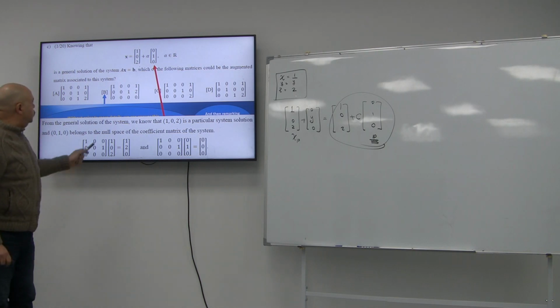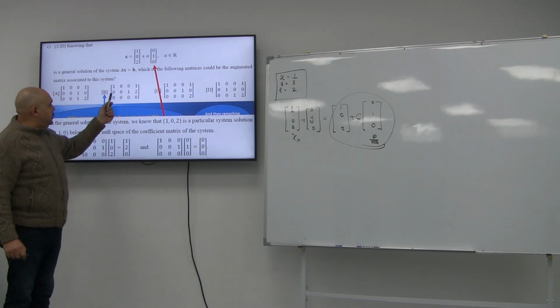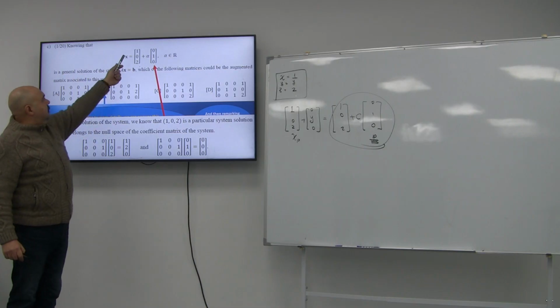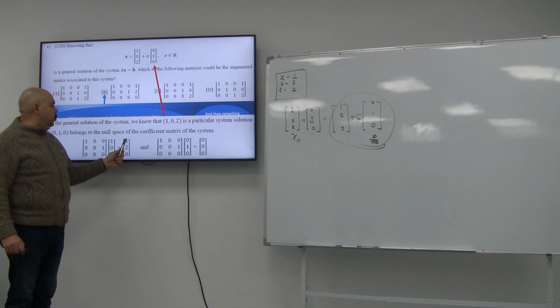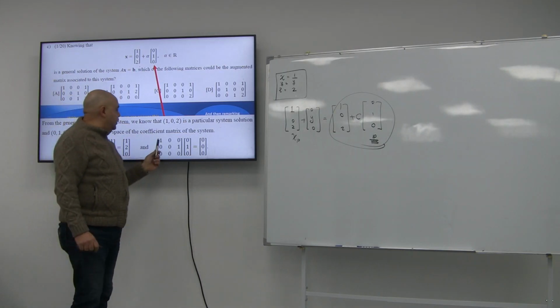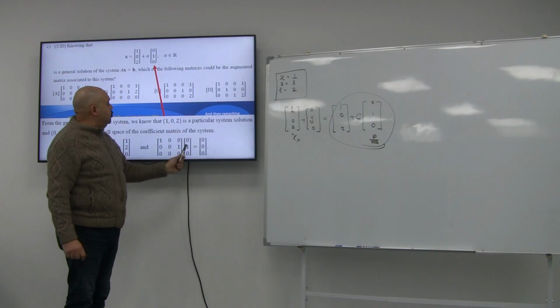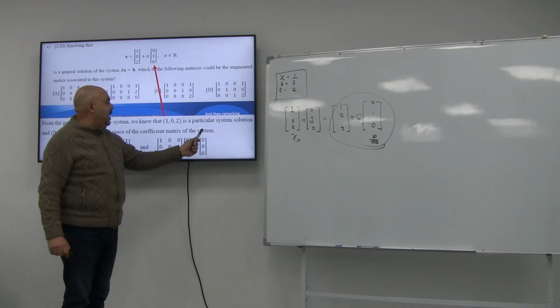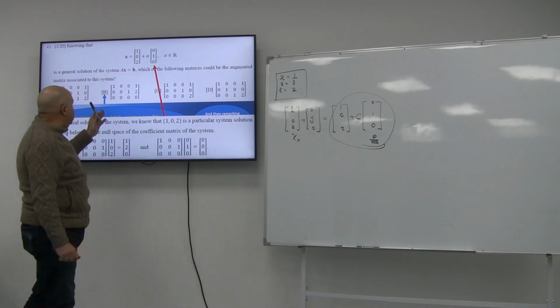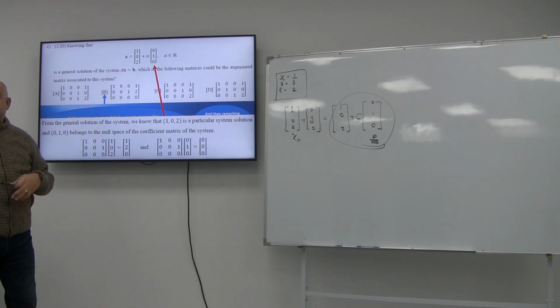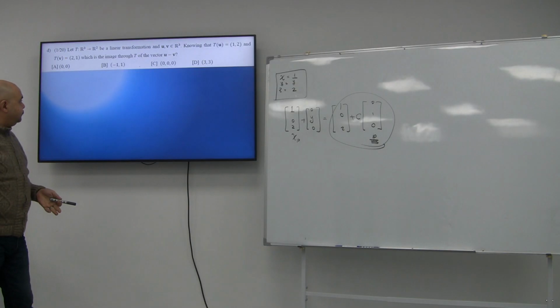All I have to do is take the coefficient matrix and multiply it by 1, 0, 2, which is the particular solution, which is going to produce 1, 2, and 0. And if I multiply the coefficient matrix by the 0, 1, and 0 column, you will have the null solution, which stands for B being the solution, based on the previous slide.